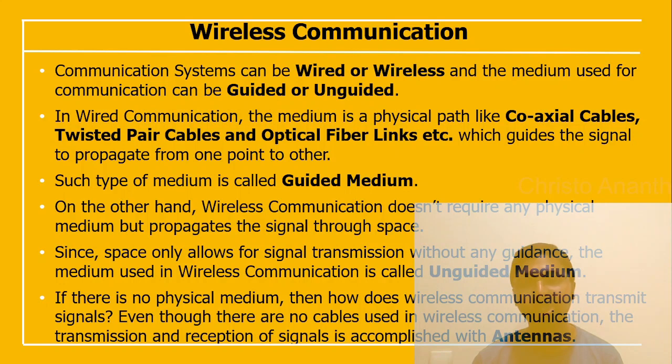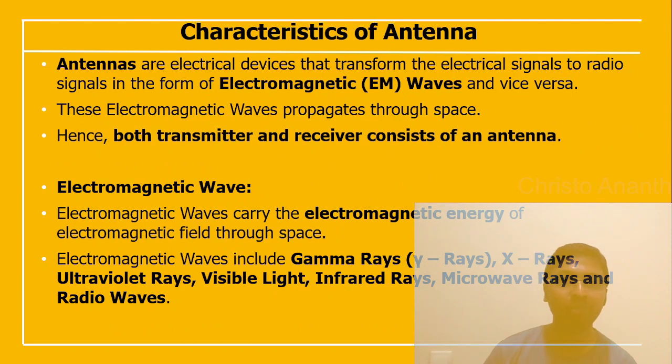If there is no physical medium, how does wireless communication transmit the signals? Even though no cables are used in wireless communication, the transmission and reception of the signals is of course carried out using antennas. Of course you know about antenna wave propagation.